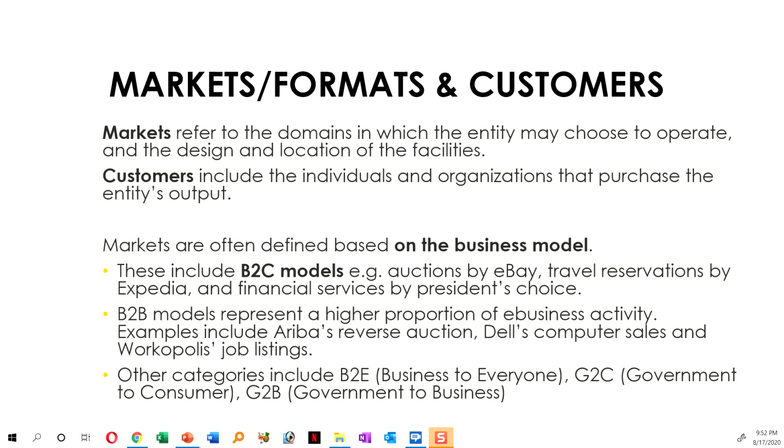This is also considered to be customers. So markets are often defined based on their business model, which could include B2C and B2B models, which represent a higher proportion of e-business activity today. And as we saw last time, there are other categories: B2E, business to employee, G2C, and G2B.